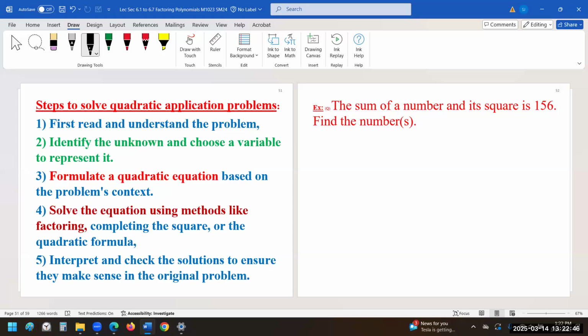156 is too big, right? Let me give you something easier. A number and its square give you 6. What is that number? You have one number, you add its square to it, and the sum is 6.